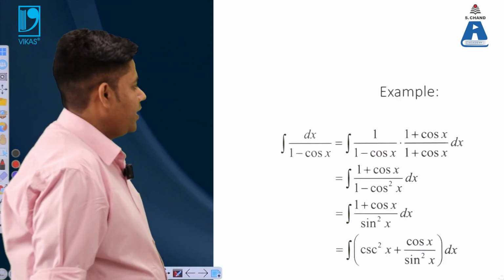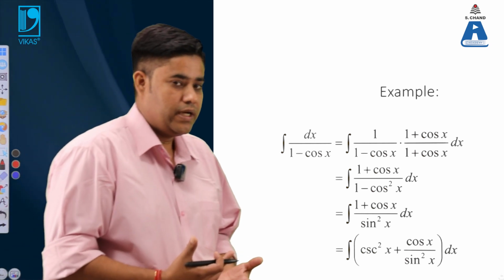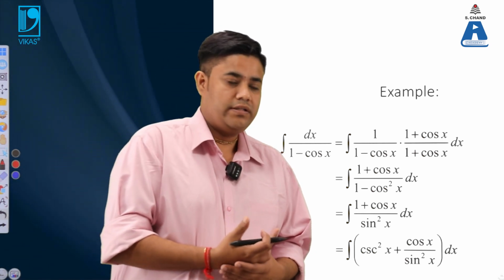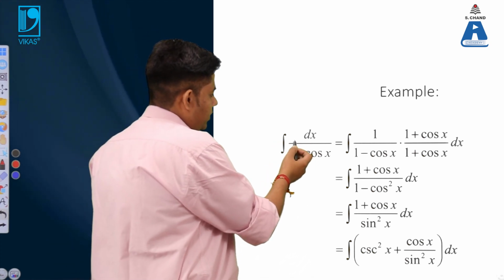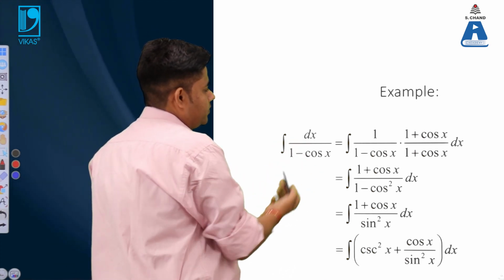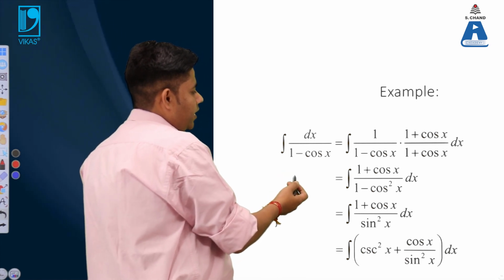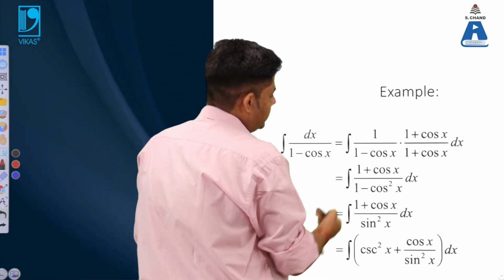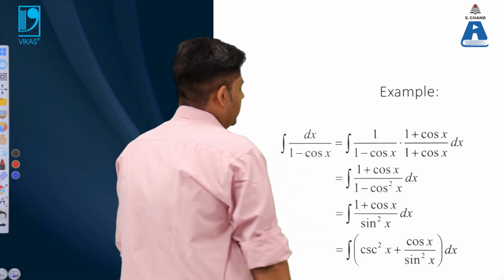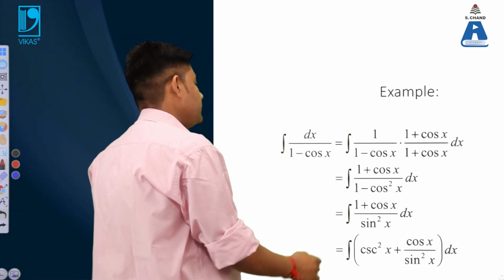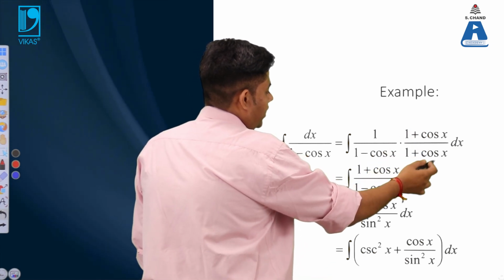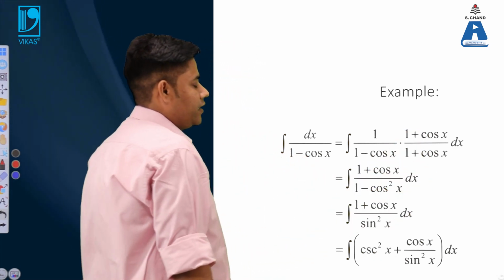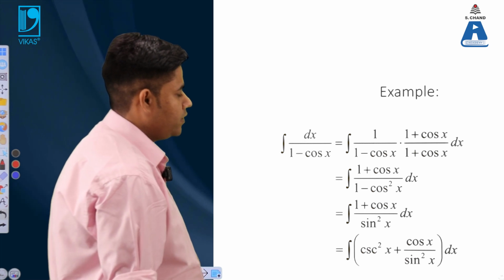Then let's say you have a trigonometric function that is required to be solved. How to solve it? Like dx over 1 minus cos x. I can solve it by multiplying and dividing by the rationalizing factor, which is 1 plus cos x over 1 plus cos x.